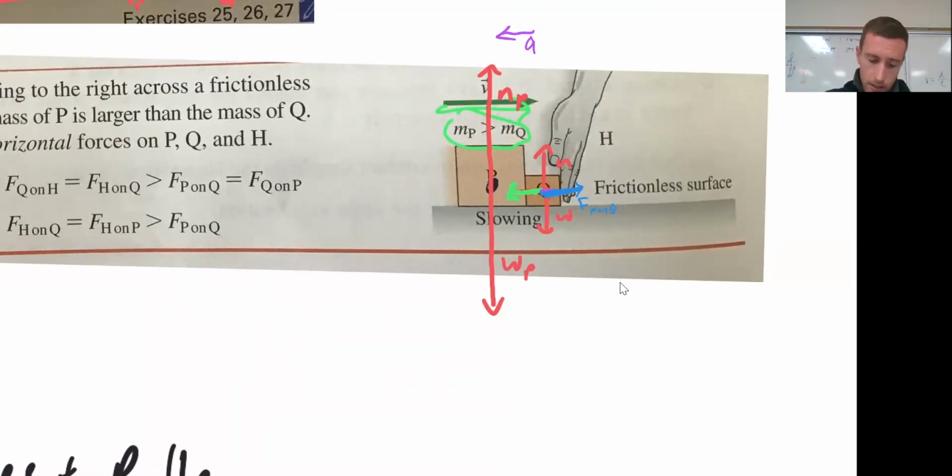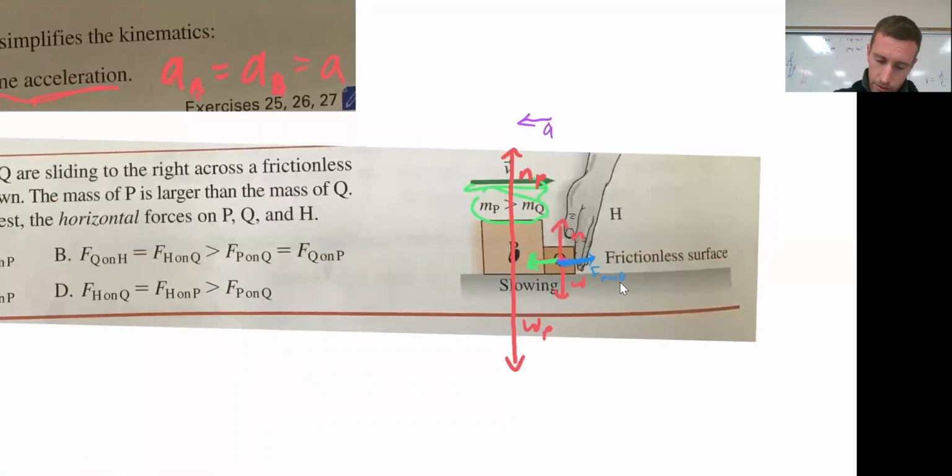And that means my net force has to be going that way. So my acceleration is backwards, my net force is that way. That also means that the force of the hand has to be bigger than the force of P on Q.